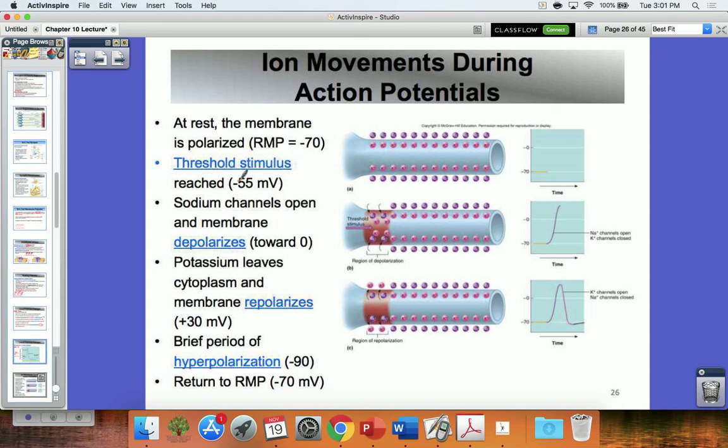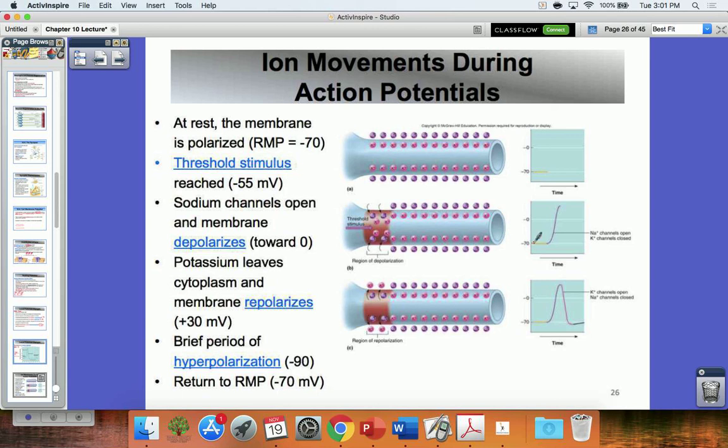At that point, we have reached the threshold, which means we can have an action potential, and it will continue to depolarize, which means more and more sodium goes inside the cell until it depolarizes to 0. Okay? Now, we don't want this to continue to happen.